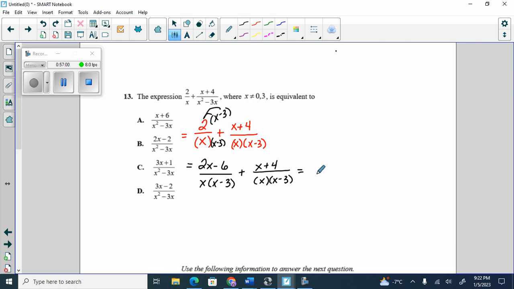And we have a common denominator of x, x minus 3. And we can rewrite our numerator altogether, 2x minus 6 plus x plus 4.